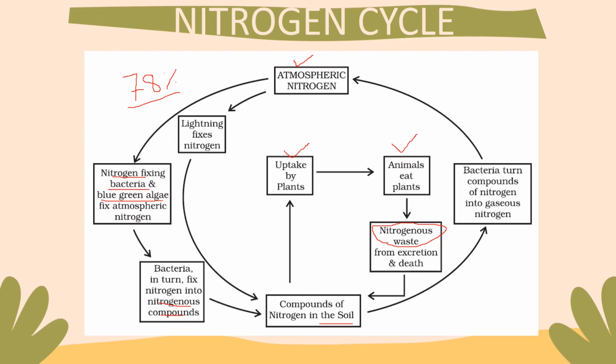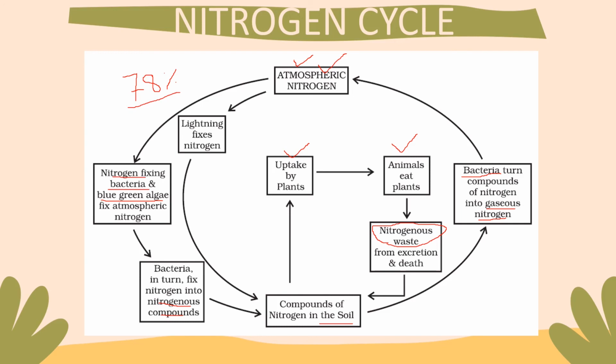This is again absorbed by the soil, and these compounds are acted upon by certain bacteria, which convert them to gaseous nitrogen, and the nitrogen is returned back to the atmosphere, so the amount of nitrogen in the atmosphere is preserved as 78%.